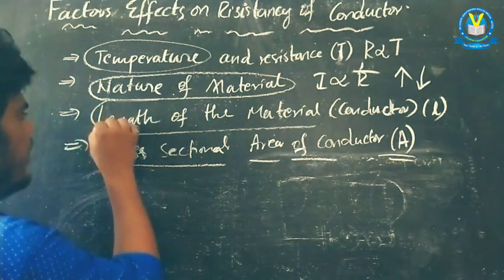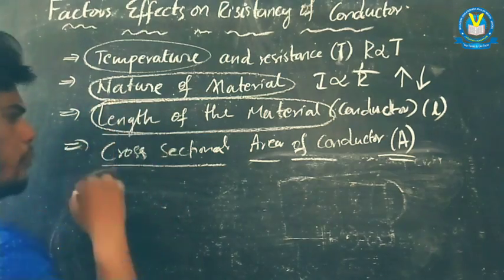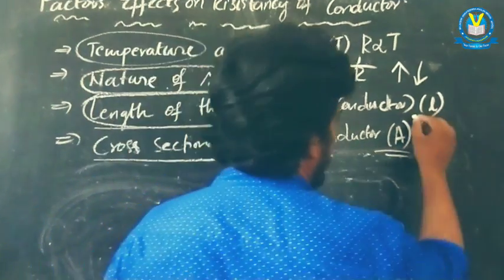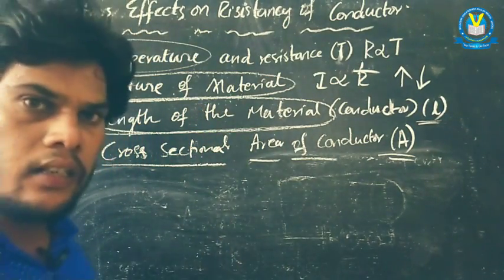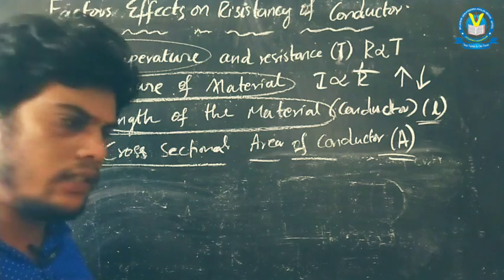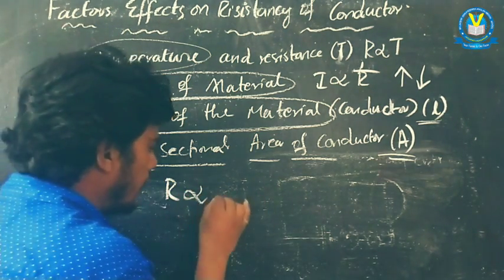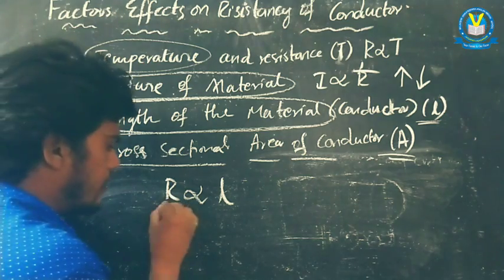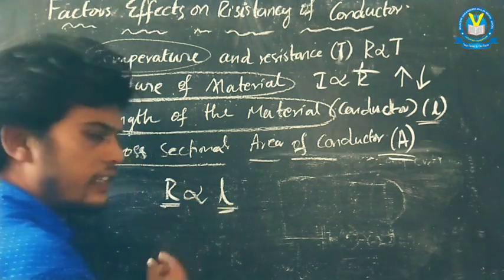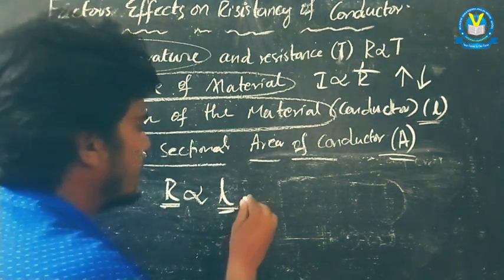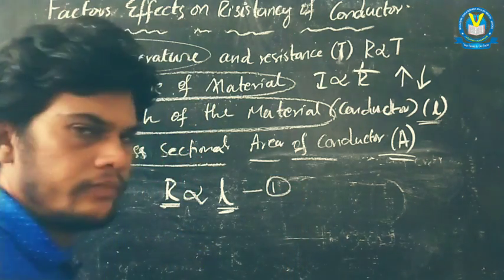The resistance is directly proportional to the length. Resistance increases when length increases. Are you clear? So it is equation 1.